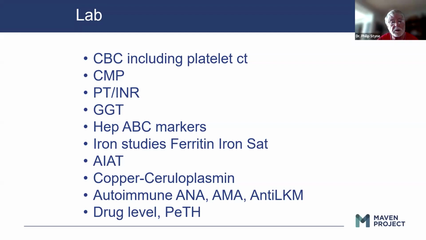Iron studies for hemochromatosis, an alpha-1 antitrypsin level, ceruloplasmin for Wilson's disease, an ANA, and anti-liver kidney microsomal and anti-smooth muscle for autoimmune hepatitis, and an AMA for primary biliary cholangitis.